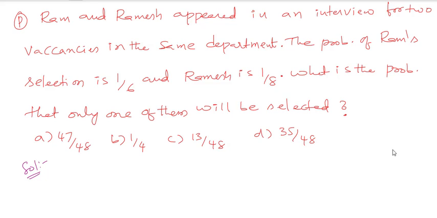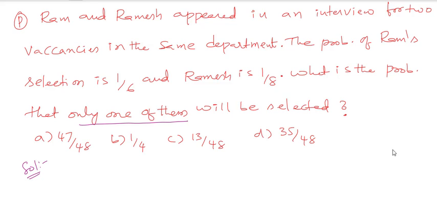Read the question properly and give me the answer. So Ram and Ramesh appeared in an interview for two vacancies in the same department. They gave the probability of Ram's selection as 1 by 6 and Ramesh's as 1 by 8. Then what is the probability that only one of them is selected?